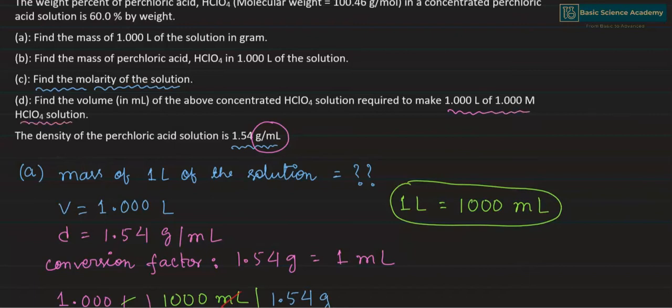So the molarity of the concentrated HClO4 solution that we got from part C is 9.20 M. Now we want 1 liter of 1 M HClO4 solution. Since the molarity is smaller, we have to dilute this concentrated HClO4 solution to get 1 M HClO4 dilute solution.